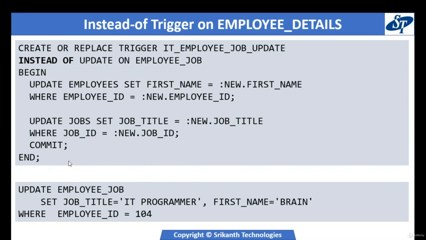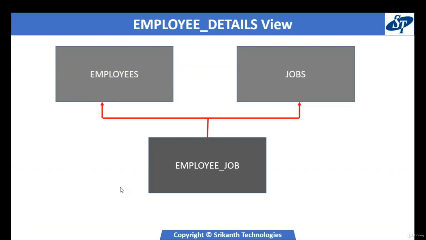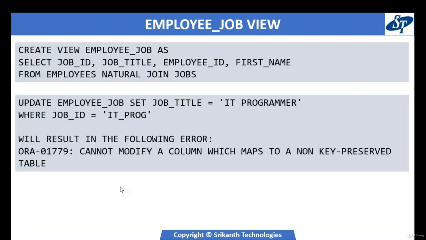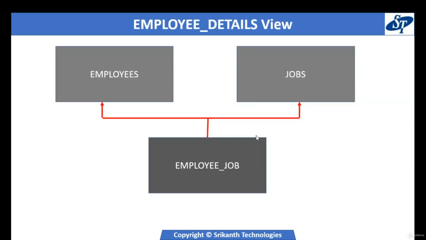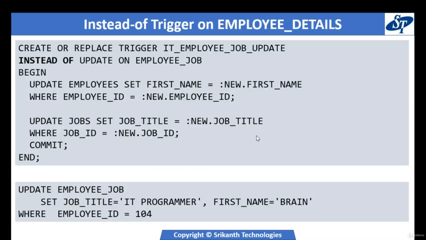So if you create the trigger and give this command, it works. But if you try to do the same without creating any instead of trigger, then you get the error saying cannot modify the column which is related to non-key preserved table. So instead of triggers are quite different from normal triggers.